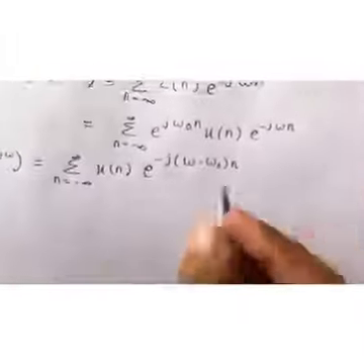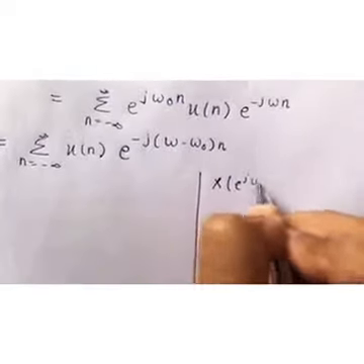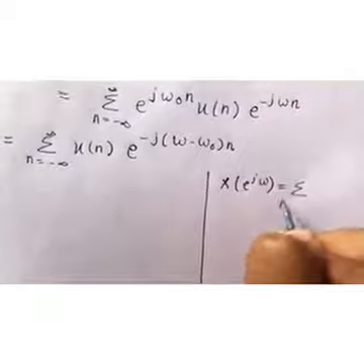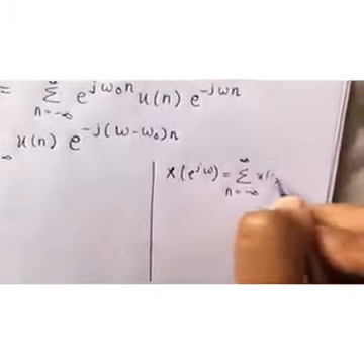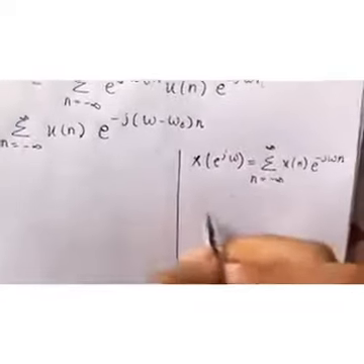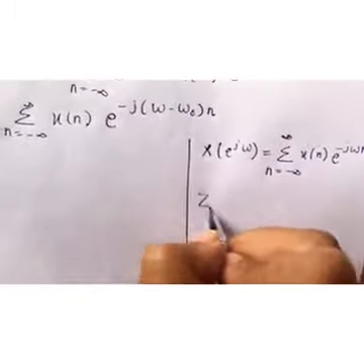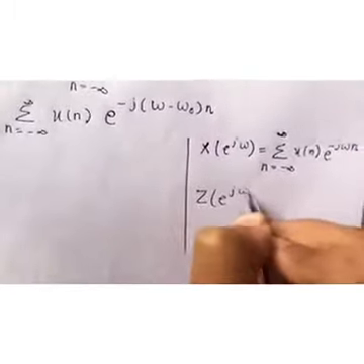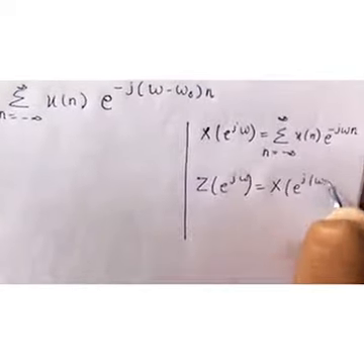So we know that X of e^j omega is the summation n equals minus infinity to infinity x of n e to the power minus j omega n, and Z of e^j omega is X of e^j (omega minus omega naught).